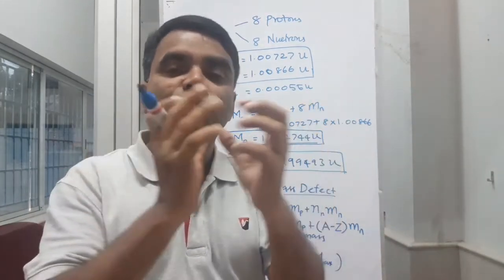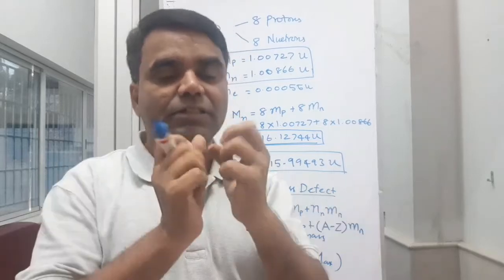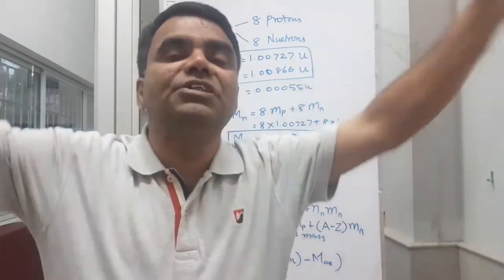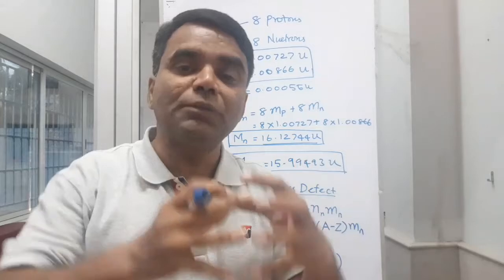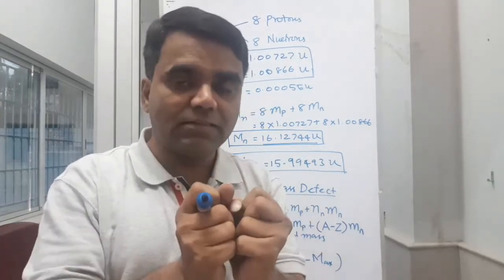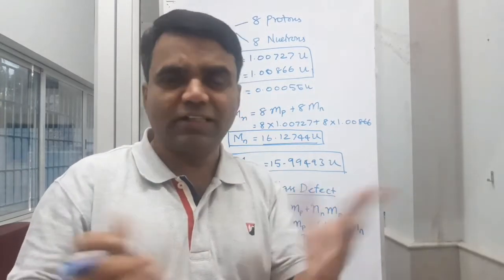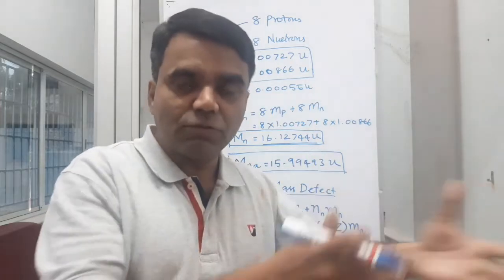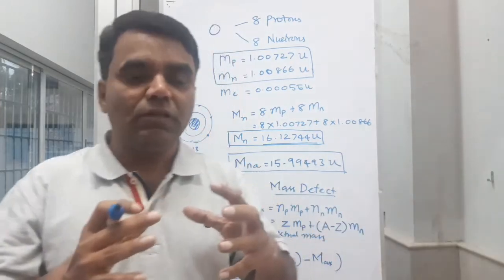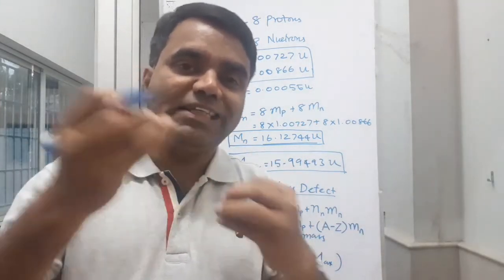So when it formed, it converted part of its mass into energy. Now that mass is not there, but you are going to break it. When you break it, you must have one proton, not 0.99 proton. You must have one neutron. So you need to provide the missing mass.